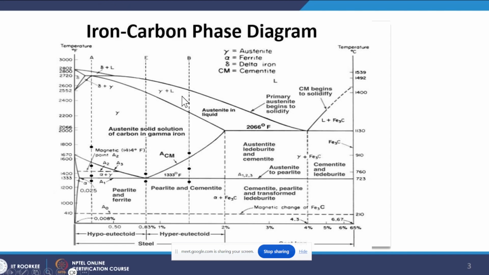Here solid plus liquid, here only one gamma phase, and here two solid phases, gamma phase converting into alpha phase plus gamma phase.